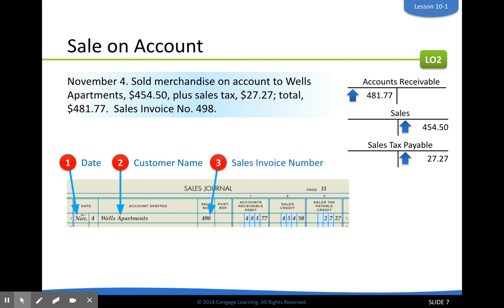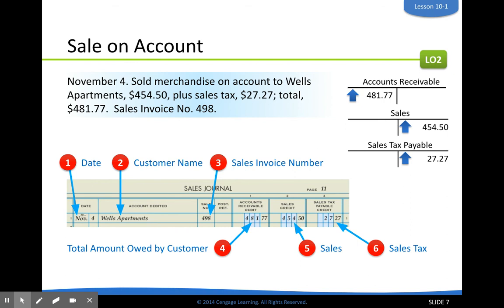For the sales invoice, notice we don't need to put the S because it already is labeled sales, number 498. The largest number is debited to accounts receivable. We have our sales plus our sales tax. That is how we record a sale on account. In 10-2, we will be posting from the sales journal.